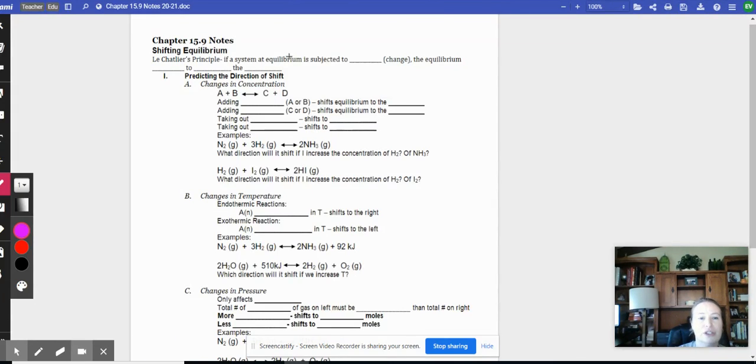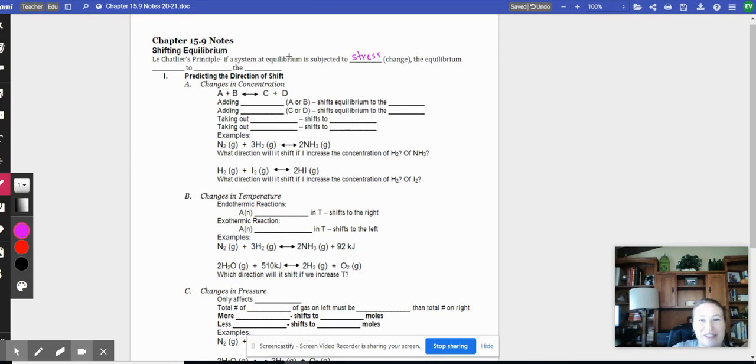Okay. So Le Chatelier's principle says if a system at equilibrium is subjected to stress, we know something about that. Any change to the system is a stress on the system. It's going to try to relieve that stress, which is what we need to do, right?